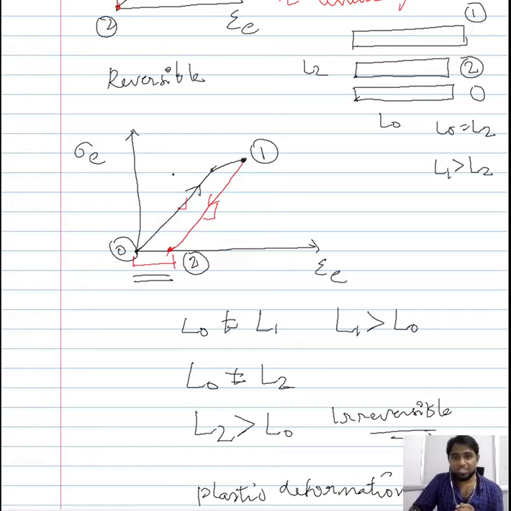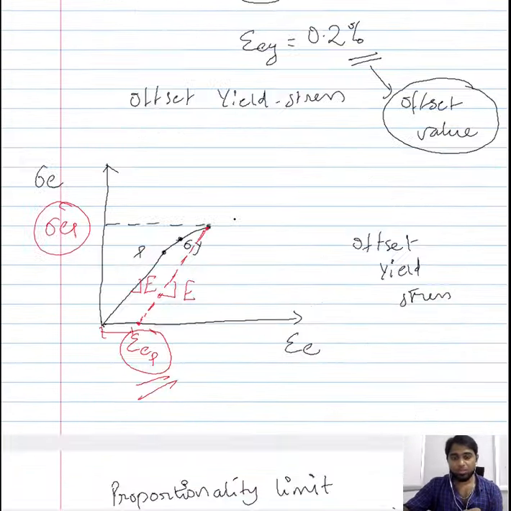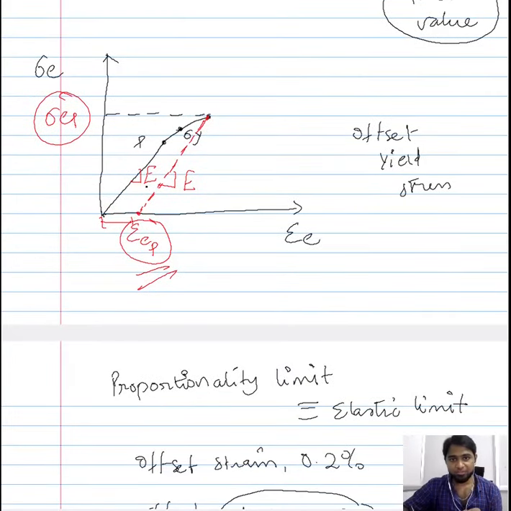So based on this understanding of the path the material takes when you begin to unload it after you have imposed a plastic deformation, we can calculate the amount of plastic deformation. We can decouple the plastic deformation from the elastic deformation and calculate what amount of plastic strain is introduced in the material for a given amount of stress beyond the yield stress, by plotting a straight line which has a slope equal to the slope that you observe in the elastic region.